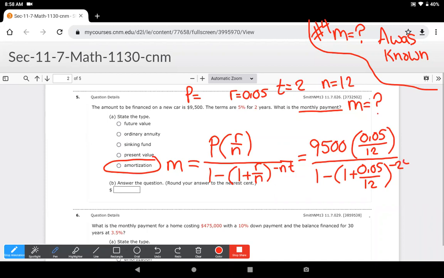So to the negative 24. Right, just to make note. And then what we do is we put that into the calculator. And to the nearest cent, I get 416.78.